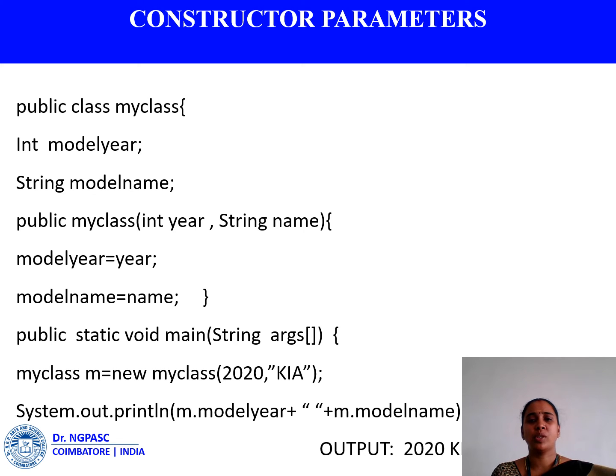The 2020 value will be received by the integer variable, and the KIA string value will be received by the string variable name, and they will be assigned to modelYear and modelName respectively. After that, by using the class object, I am invoking the modelYear and modelName variables and the output will be printed accordingly.